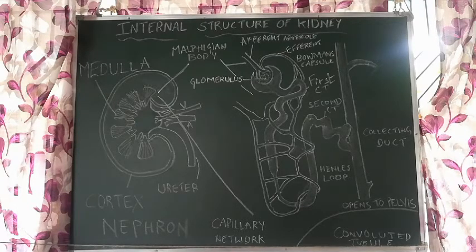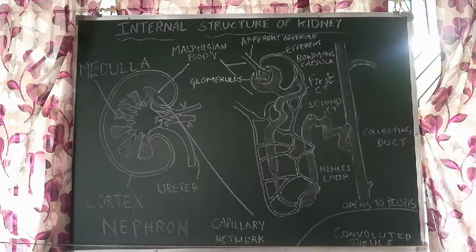That is why the process in the first convoluted tubule is called tubular reabsorption. 75% of water is reabsorbed, and other important things like amino acids, vitamins like vitamin C, and minerals like calcium and potassium are all reabsorbed here.